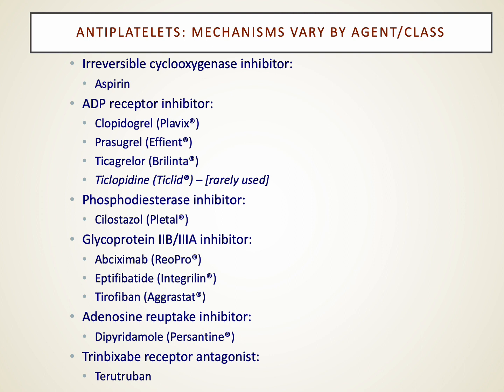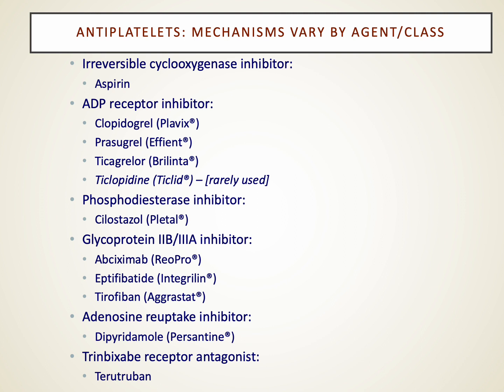The mechanisms of how antiplatelets work vary. We have interference via thromboxane A and an irreversible inhibitor of cyclooxygenase, that's aspirin. We have agents that work on ADP receptors. The most common three agents in practice these days are clopidogrel or Plavix, prasugrel or Effient, and ticagrelor or Brilinta.